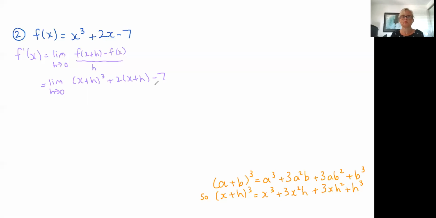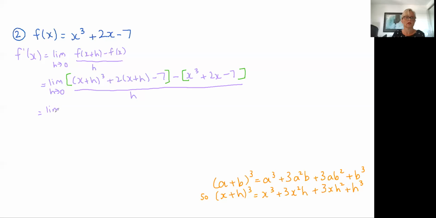I'm actually going to use some extra brackets here just to ensure that we're careful. So we're going to be subtracting out f of x, which is x cubed plus 2x minus 7, and all of that is over h.